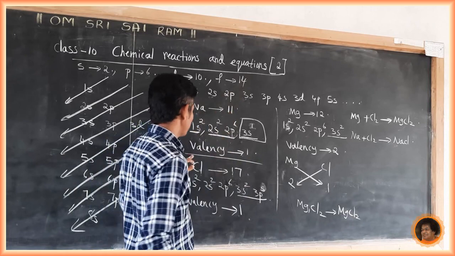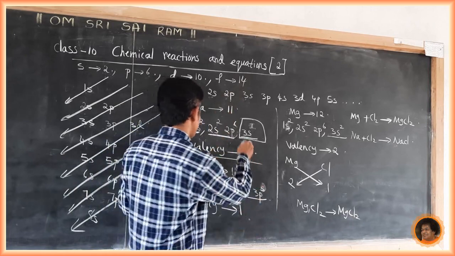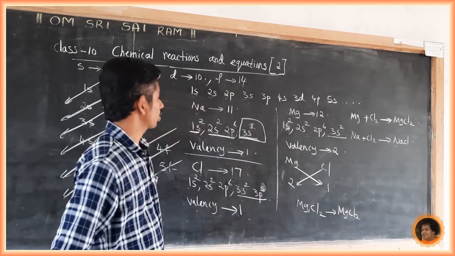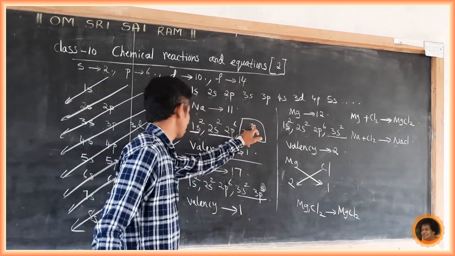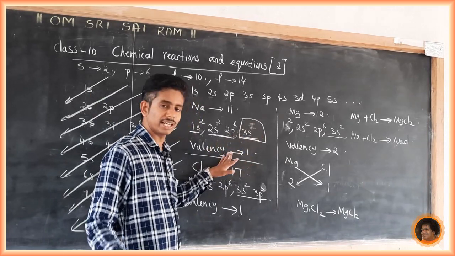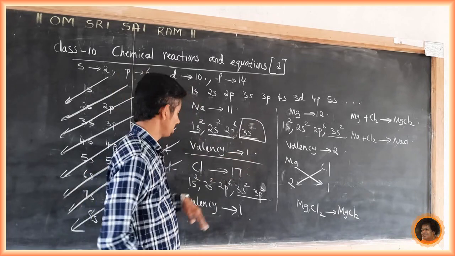For sodium, now tell me, what is the valence electron? This is the outermost shell. What is the electron present in the outermost shell? Only one electron. So, valence electron is also 1. Now, in this case, valency and valence electron both are equal.